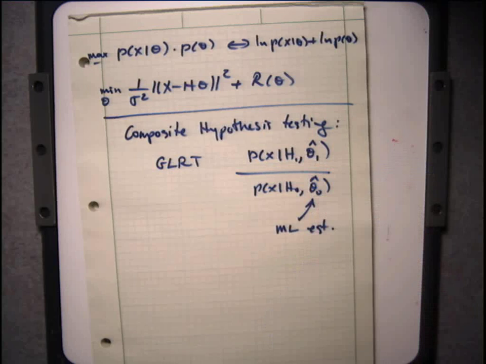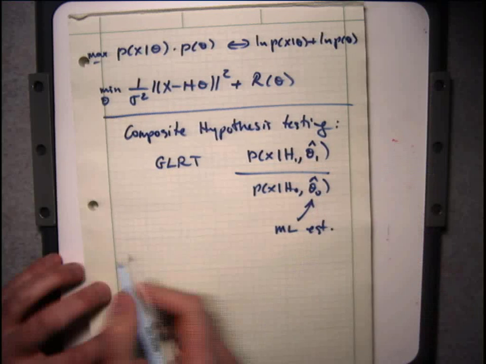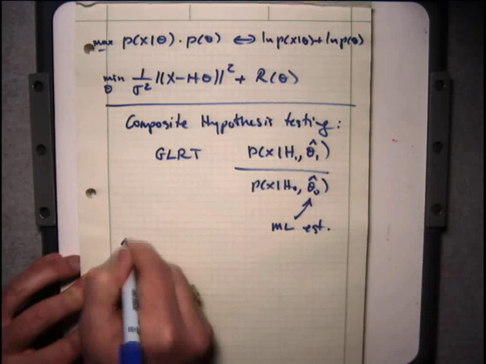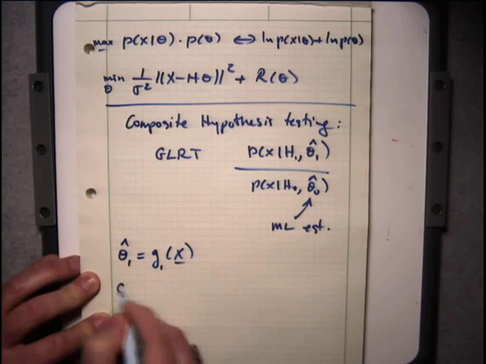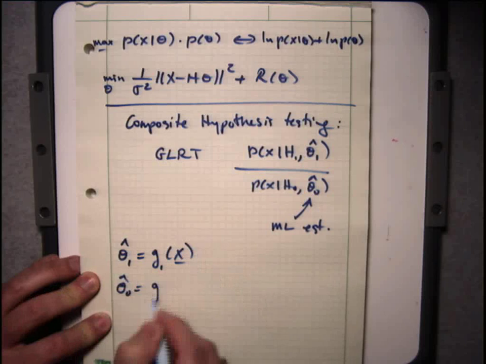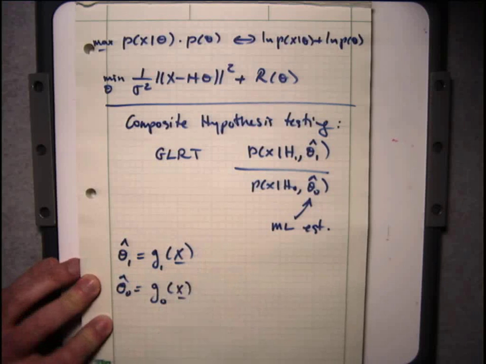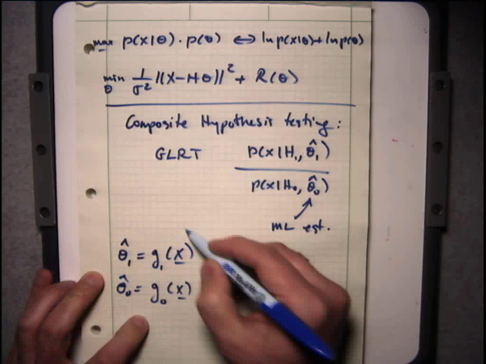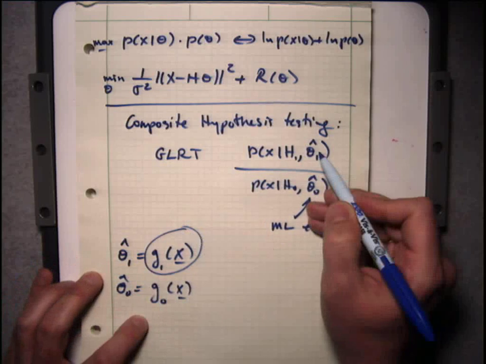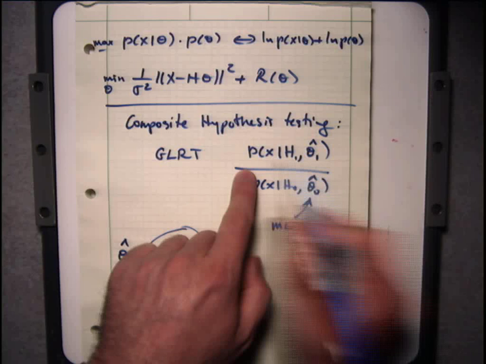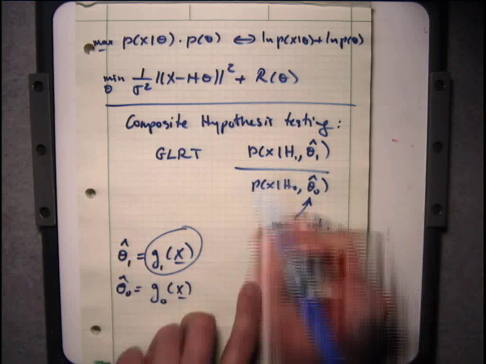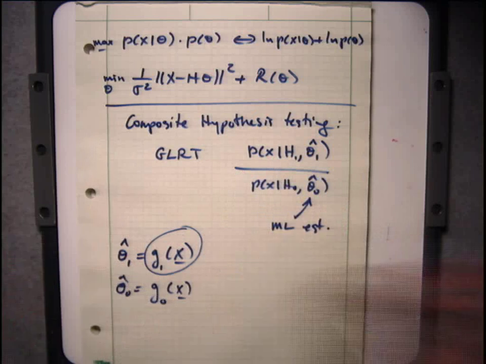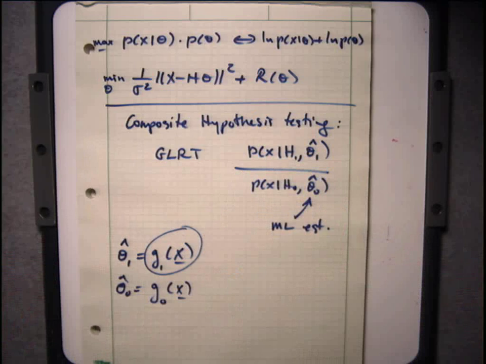In other words, what you're going to do is write theta 1 hat, let's say it's g1 of x, some function of x, and theta 0 hat is g0 of x, again some function of x. You're going to plug this into this equation, and what you end up with is a function of x. Same thing here, you're going to plug this into the denominator and get a function of x. Then once you have your data, you're going to plug in x.